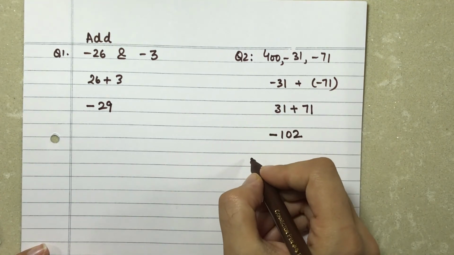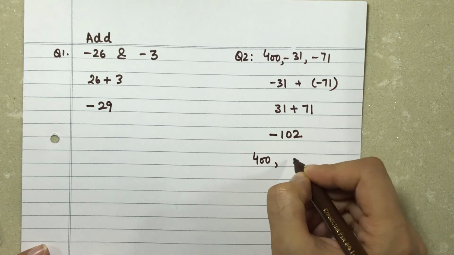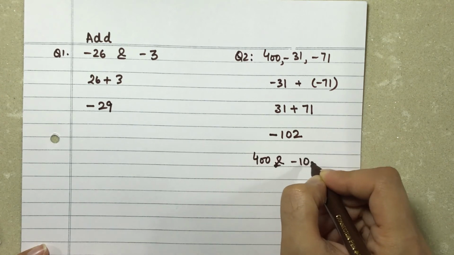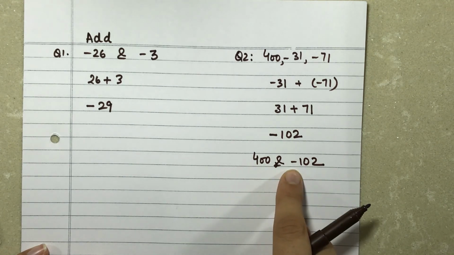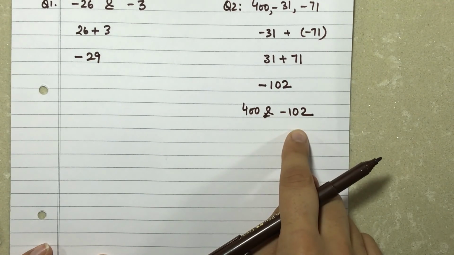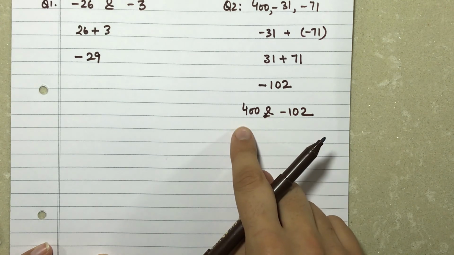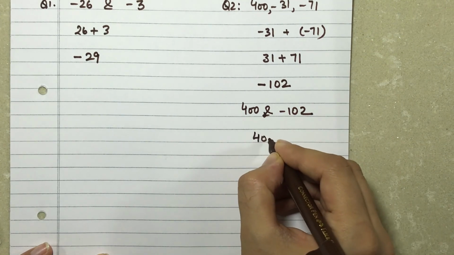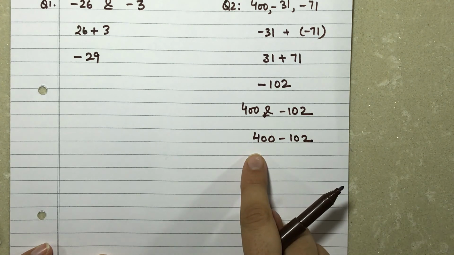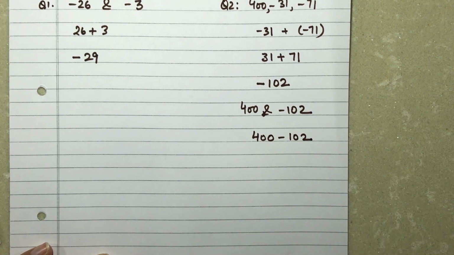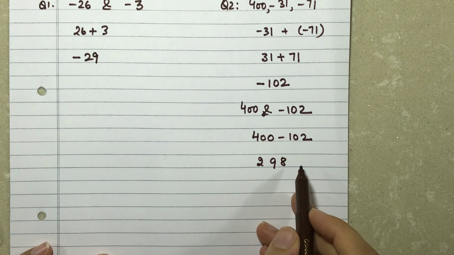Now I have to further add 400 and minus 102. Now I have two unlike signs, positive and negative, so I'm going to apply rule 2, which says I have to take the difference of the absolute values. The difference of 400 and 102 comes out to be 298.